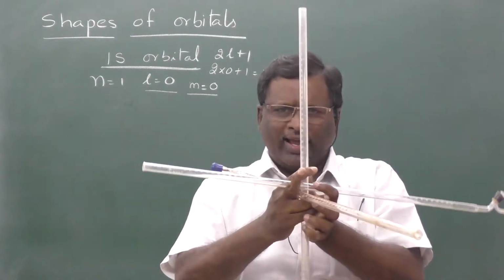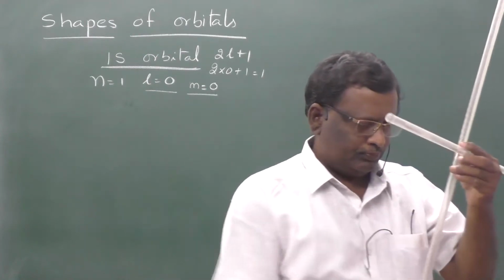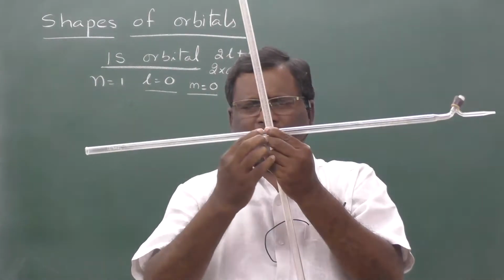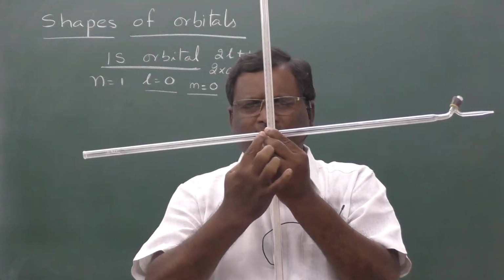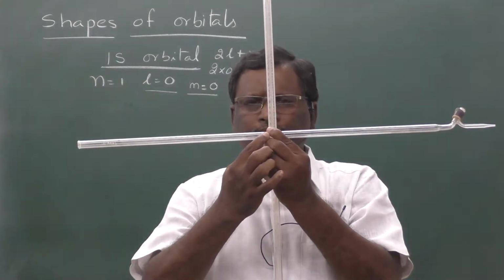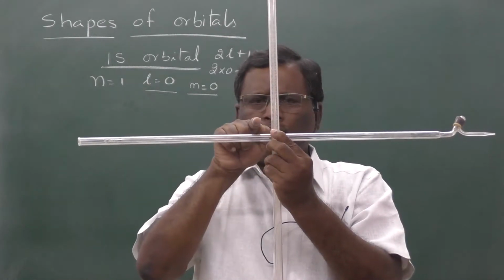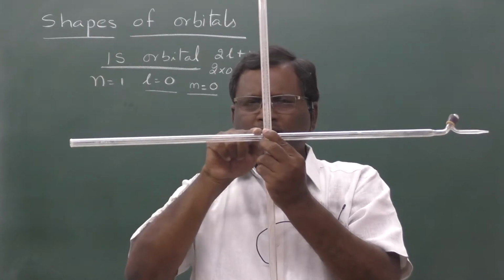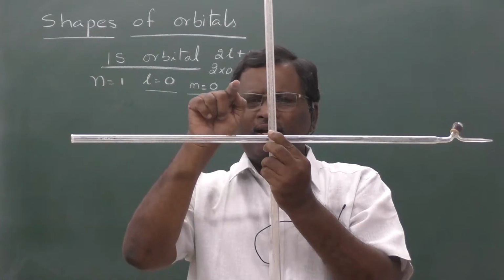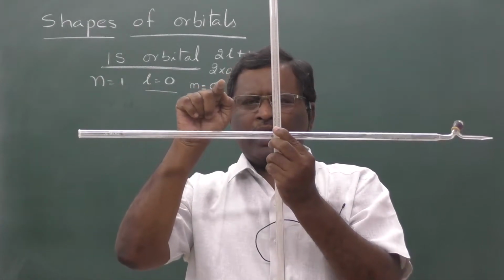Now along one axis, the center point is the nucleus. Here at this point the probability is 0. As I move from the nucleus, gradually the probability increases and reaches a maximum.